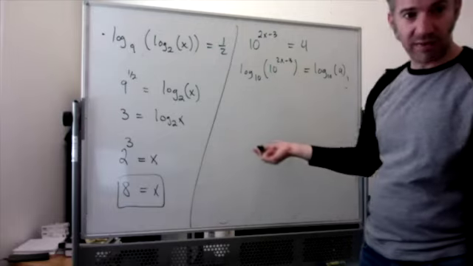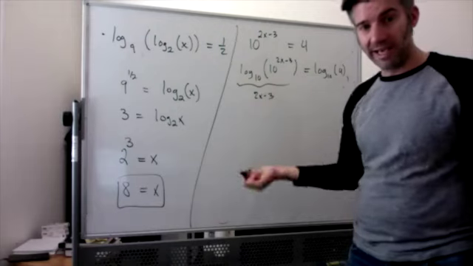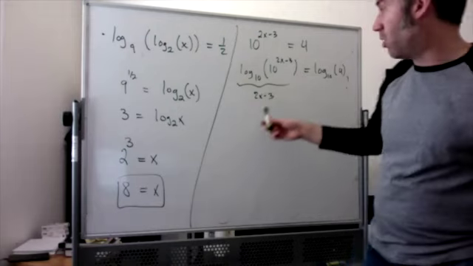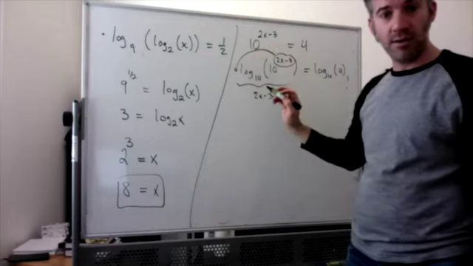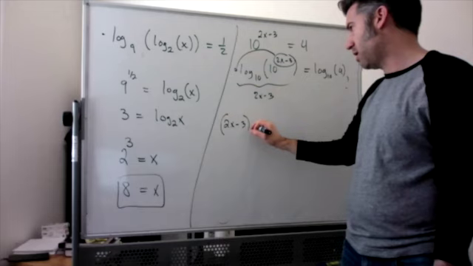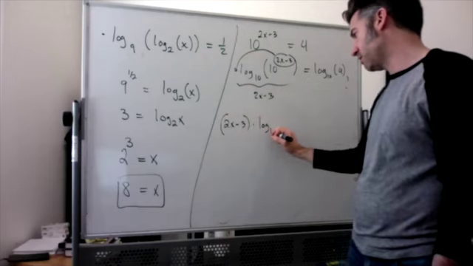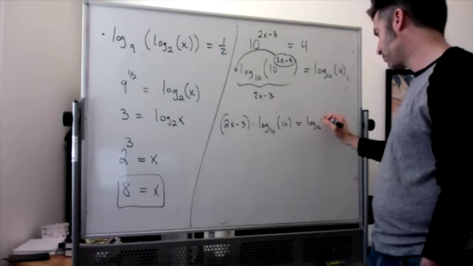So you can either think of it that way and just say, oh yeah, this is 2x minus 3. But if you don't like that, and that's okay, you can also use the rule that says you can bring the power down in front and then write this as 2x minus 3 times log base 10 of 10, equal to log base 10 of 4.